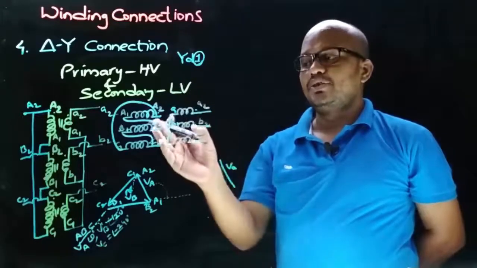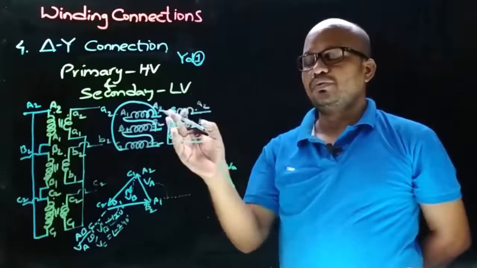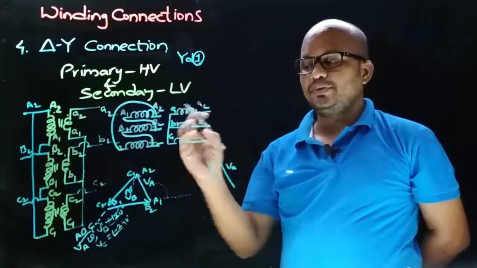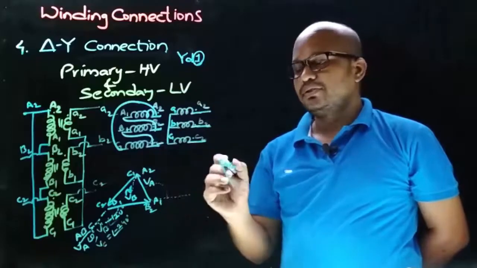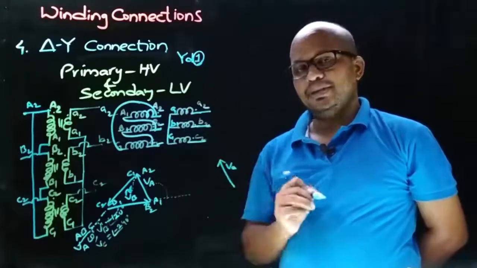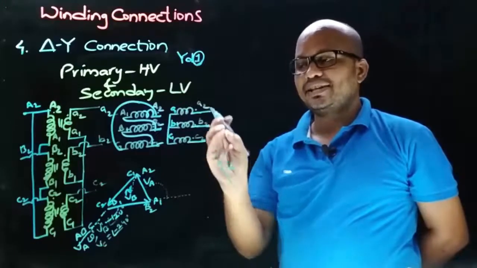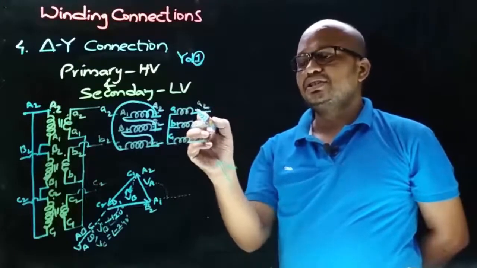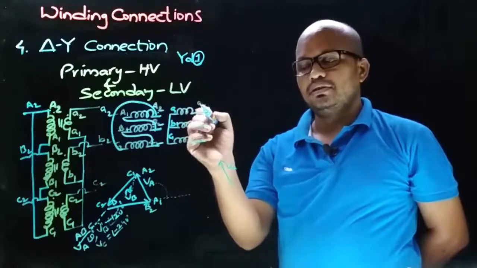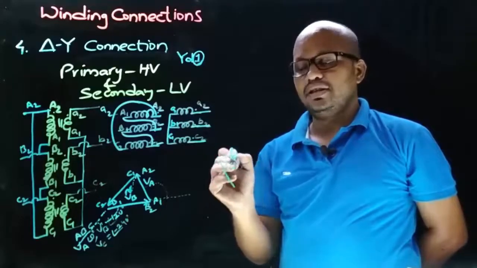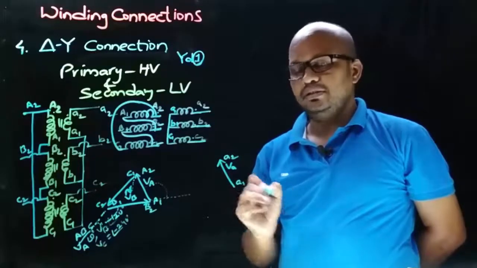As the connections on both sides are taken from dot end terminals, the secondary side phasor direction will be the same as that of the primary side phasor. So the direction will be the same, like this. And now we need to decide the terminals of the secondary side VA phasor. As the connection is taken on dot end terminals, the arrow will point towards the dot end terminal, that is A2, and the other end will be A1.